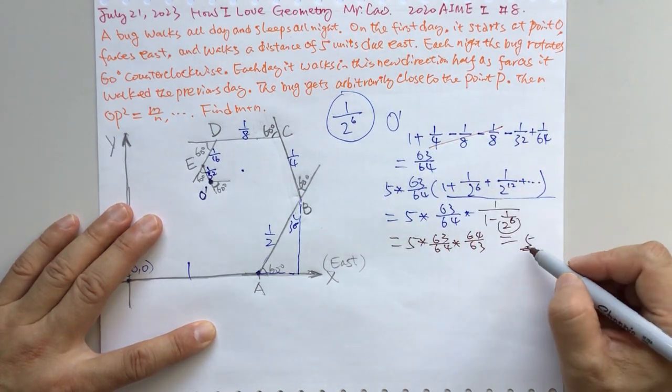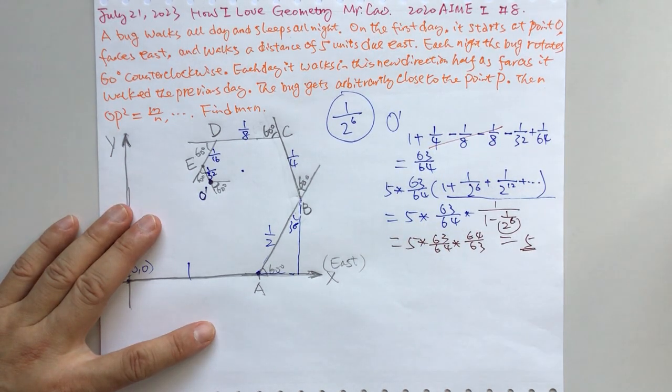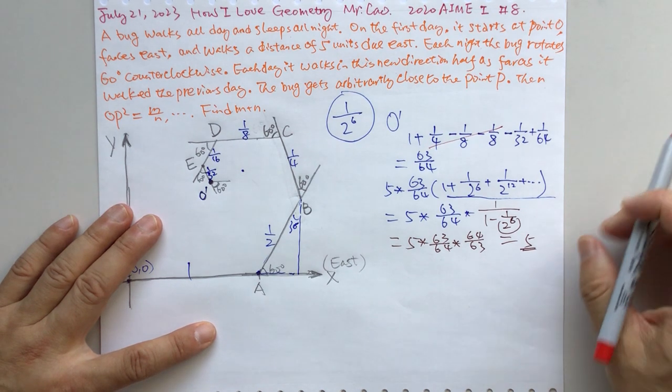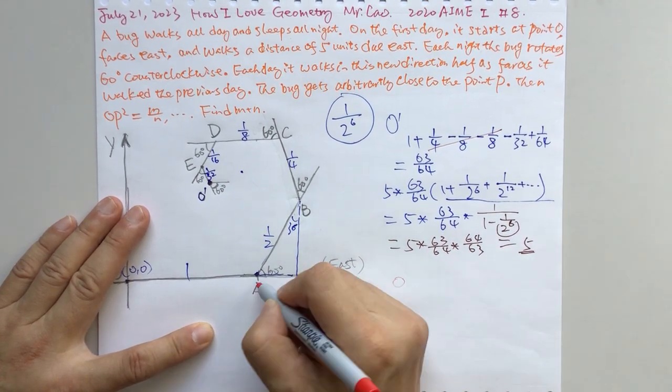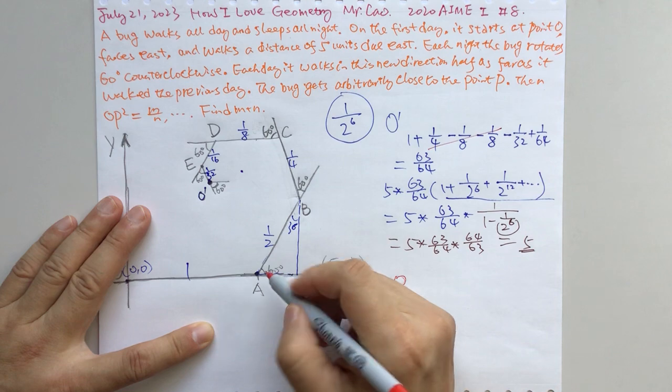So that's the x coordinate of point P. Then we find the y coordinate. Here for A, the y is 0.